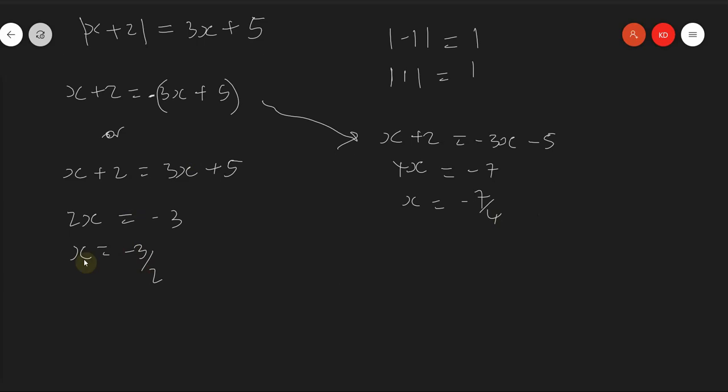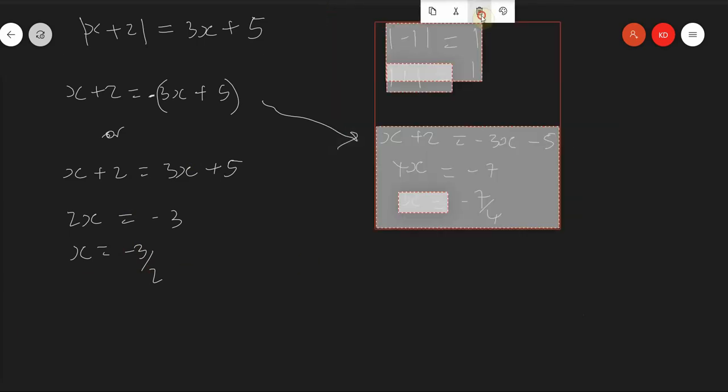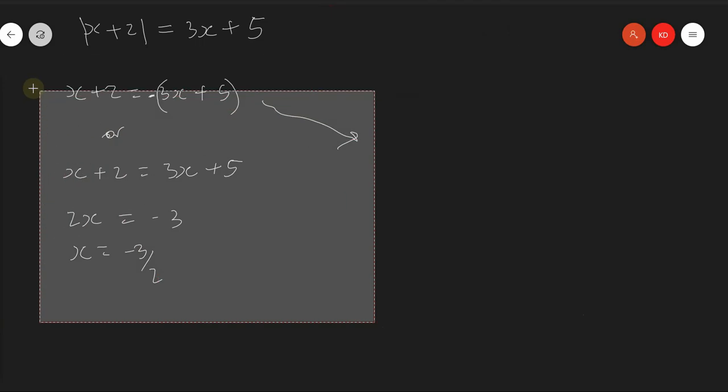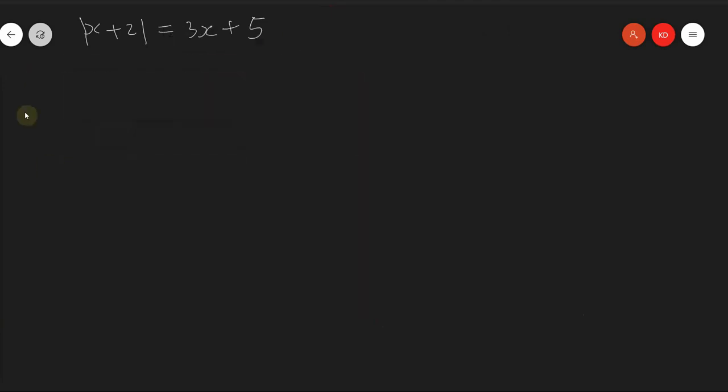So therefore x is either -3/2 or -7/4. We could also do this by squaring both sides. That might be better for some people, because if being that this can either be a negative or a positive, then if we square both sides it doesn't matter, because if you square a negative number you get a positive number, and if you square a positive number you still get a positive number.